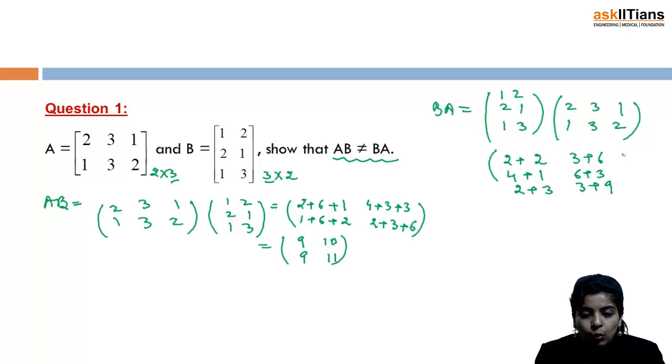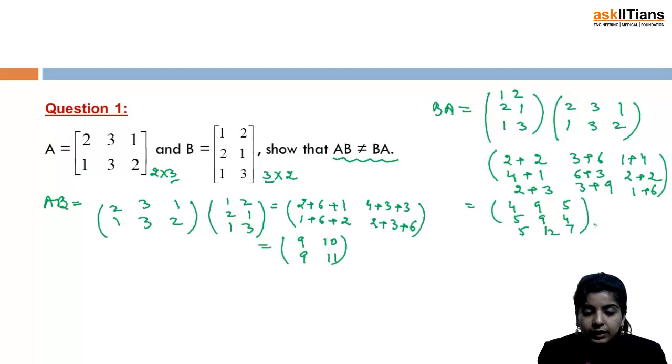Then I have 1 plus 4, 2 plus 2 and 1 plus 6. This is what I get. So this gives me 4, 9 and 5. Then I have 5, 9 and 4, 5, 12 and 7. This is what I get when I multiply these two matrices. So you can easily see AB is not equal to BA. This is what you were required to show, right?